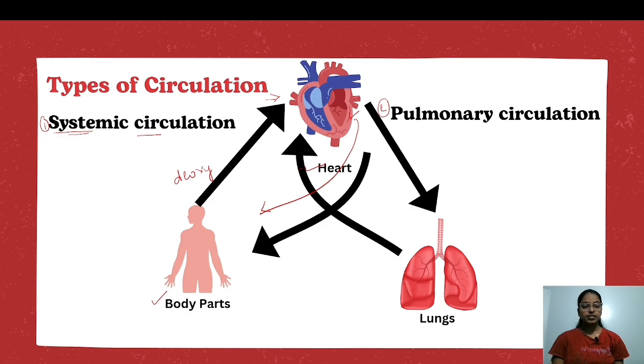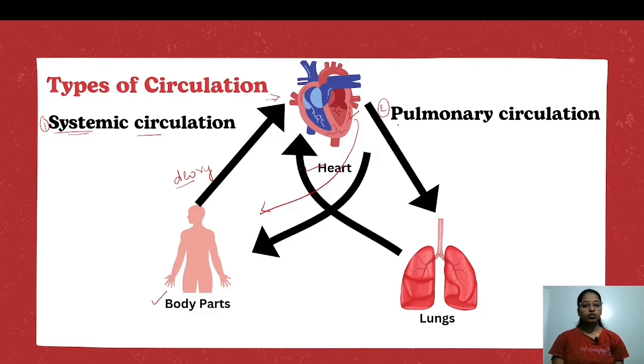That is the second half of the systemic circulation. Systemic circulation is the circulation between body parts and the heart. The first half is deoxygenated blood from body parts to the right atrium, and the second half is oxygenated blood from the left ventricle to body parts.